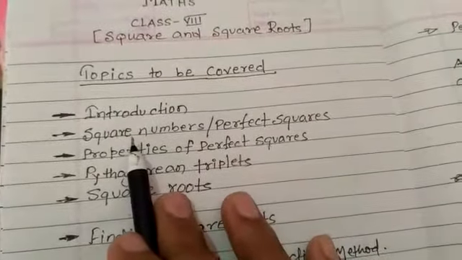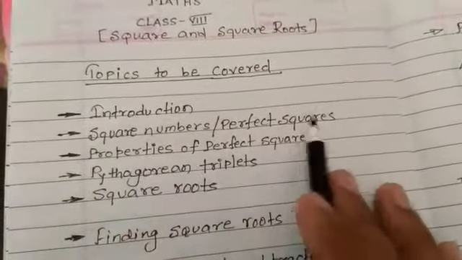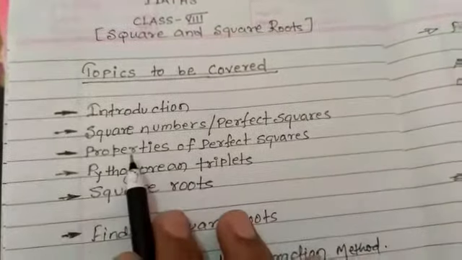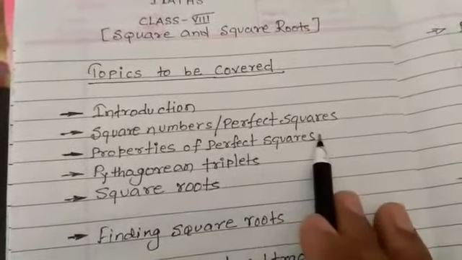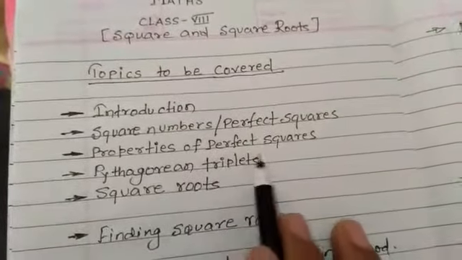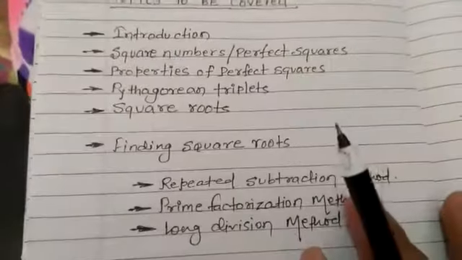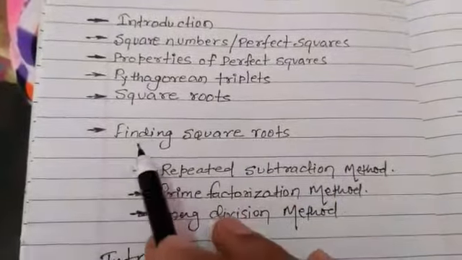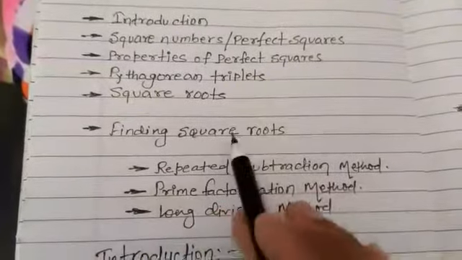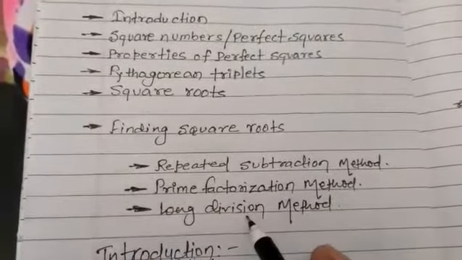Second, what are square numbers and perfect squares. Third one is properties of perfect squares. Fourth is Pythagorean triplet, and fifth, square root. And now we are also going to determine the square root by three different ways.